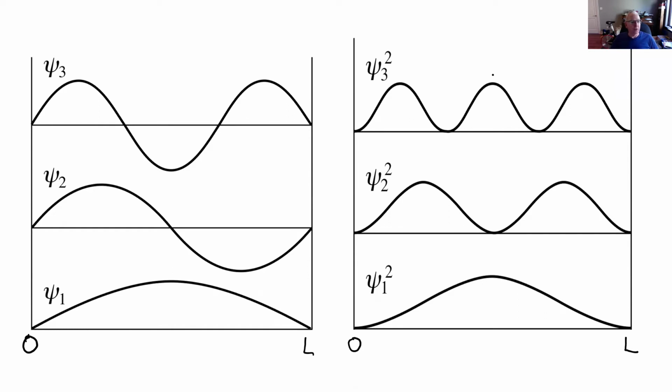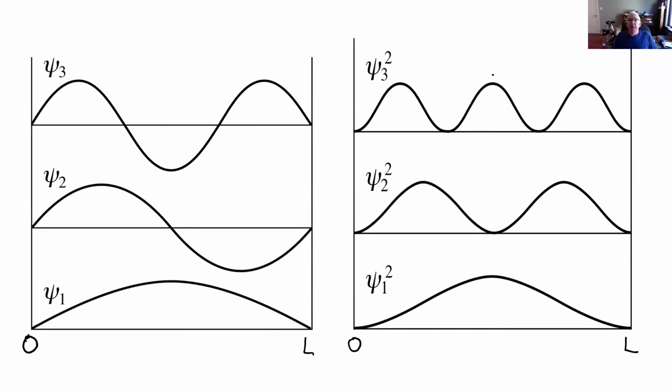So in each case, we have n half wavelengths. That was because of the boundary condition that said the wave function had to go to 0 at both edges of the box. The sine function will do that as long as the box corresponds to a whole number multiple of half wavelengths.